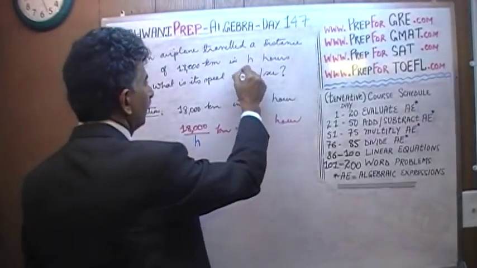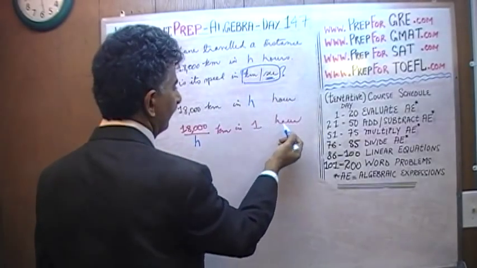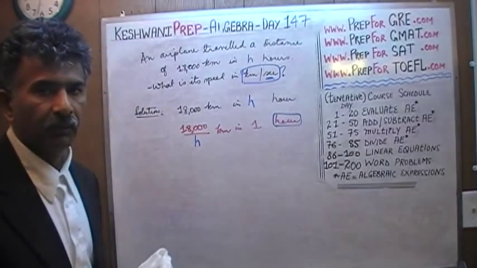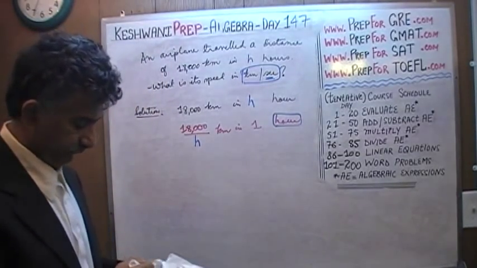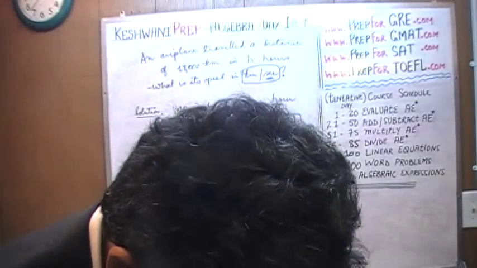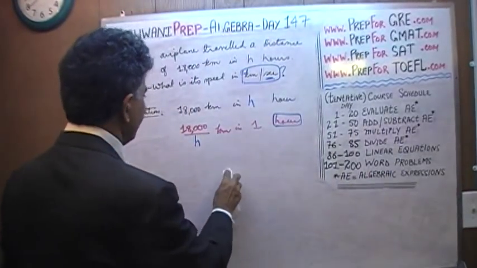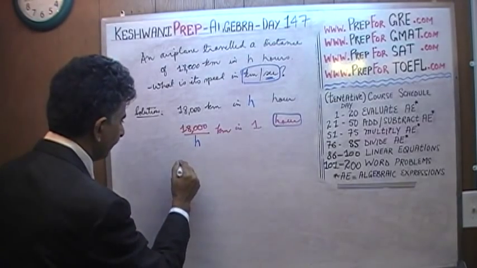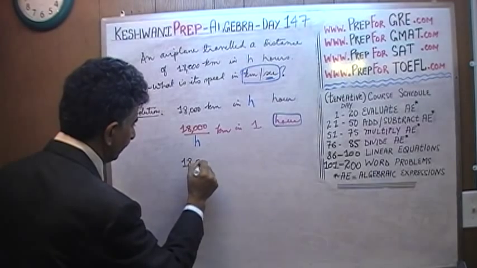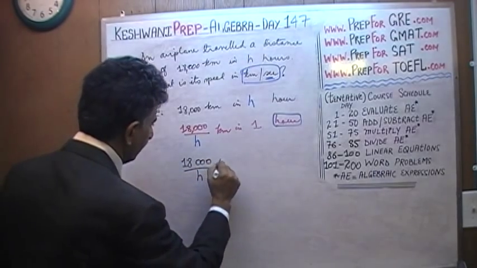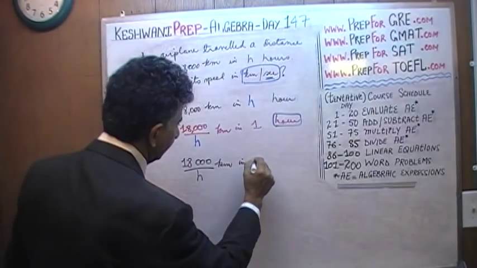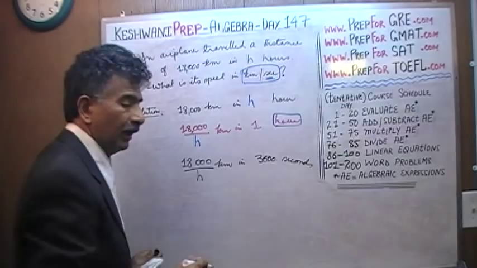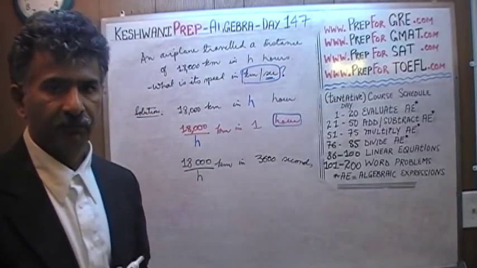We are asked to find kilometers per second. This is per hour. We have to convert this hour into seconds to figure out how much it travels in 1 second. So 18,000 over H kilometers in 3,600 seconds, because that's how many seconds you have in an hour.